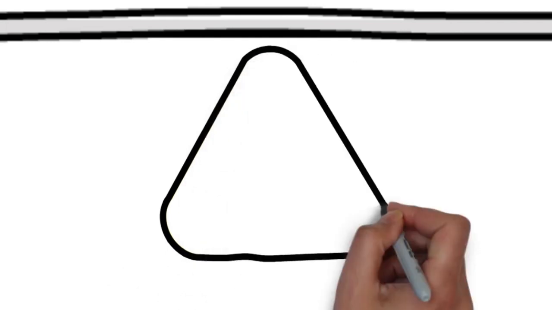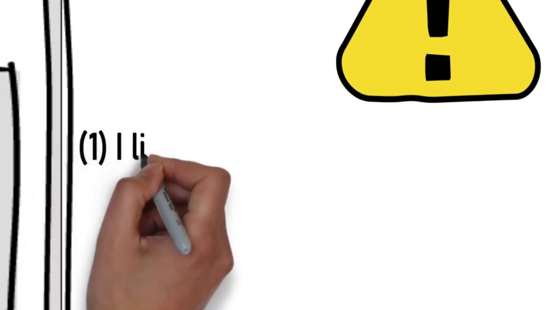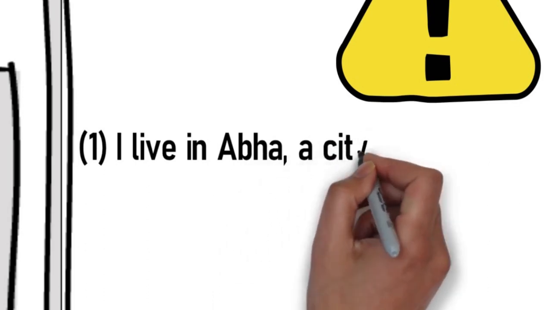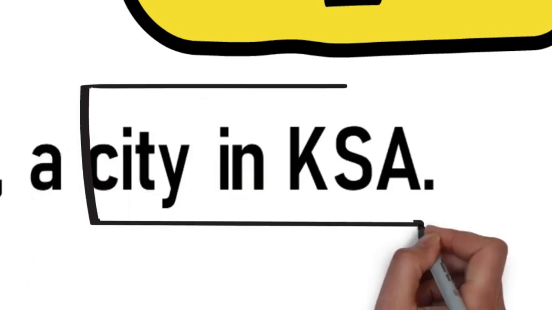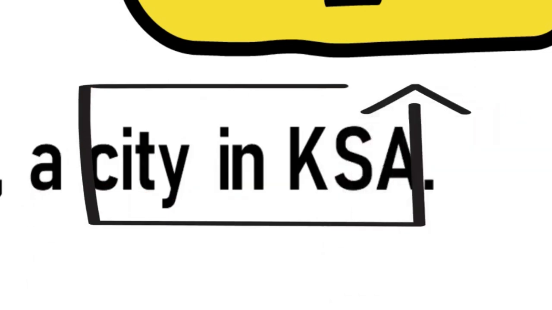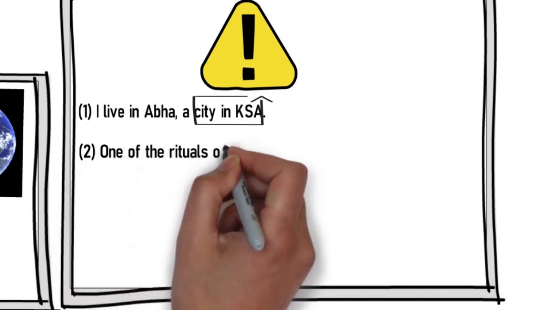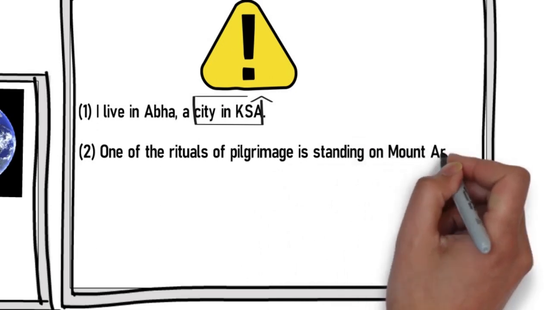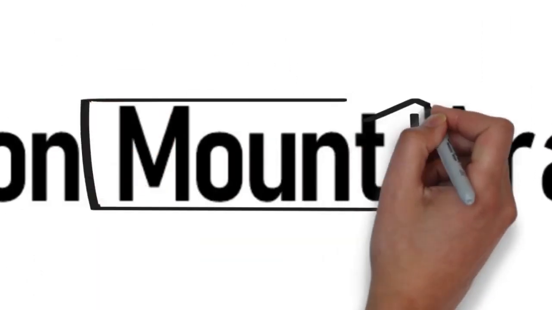How to add extra information? We can simply mention to what category the proper noun belongs. Is it a mountain, a city, a tribe, a period of time, and so on? Here, the original example doesn't contain a city in case A. In sentence 2, we have the word Arafat separately.